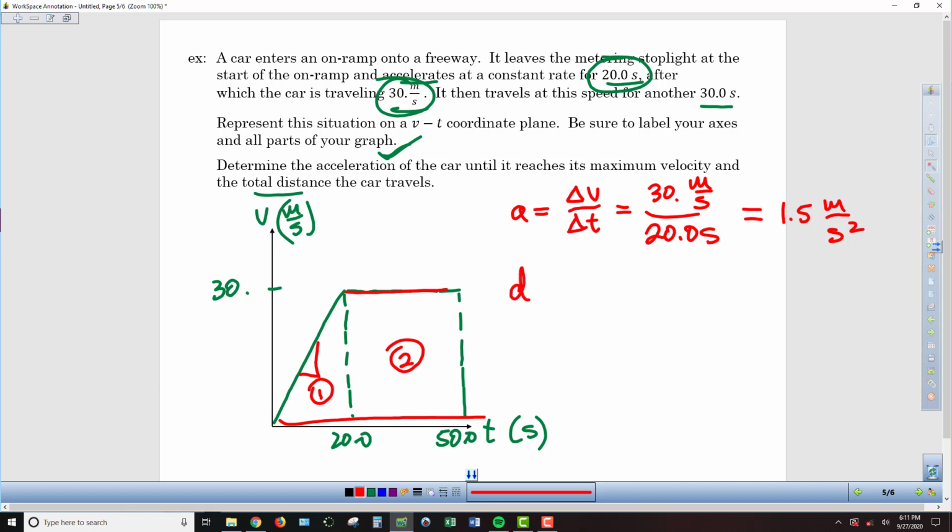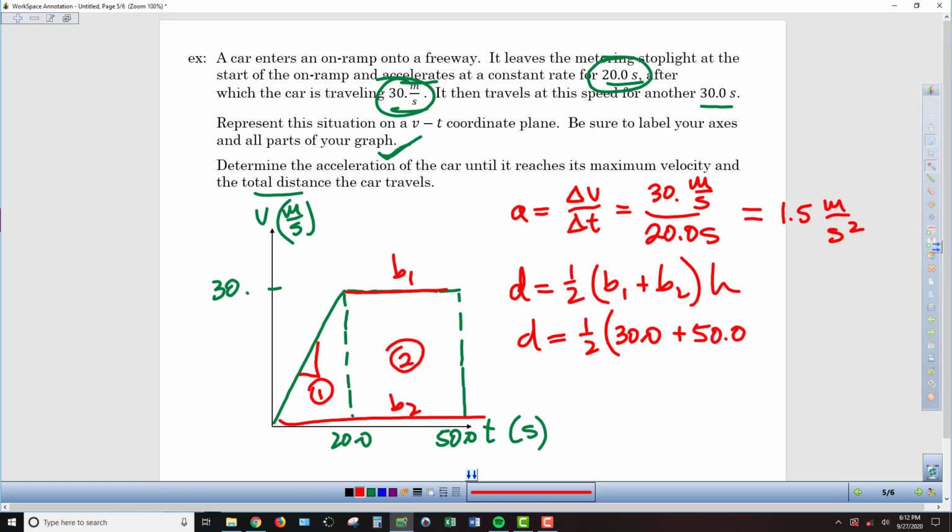So my distance in this case is going to be 1/2 times, let's call this base 1 and this one base 2. So base 1 plus base 2 times the height. So my distance is 1/2 times base 1, that's going to be that top segment there, so we know that that's a period of 30 seconds, plus base 2, so we see that that's the entire 50-second period of time from start to finish.